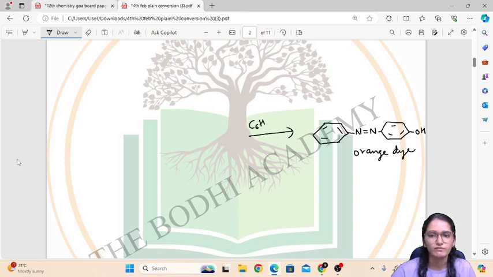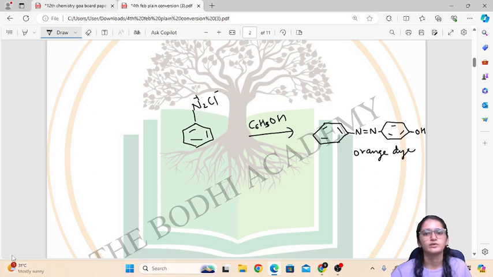So here we have C6H5OH, and the compound used is benzene diazonium chloride, which is drawn with plus and minus charges over here. By reacting it with phenol, we get this orange dye, which is also called para-hydroxyazobenzene.